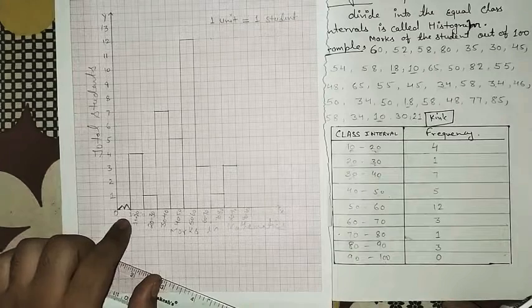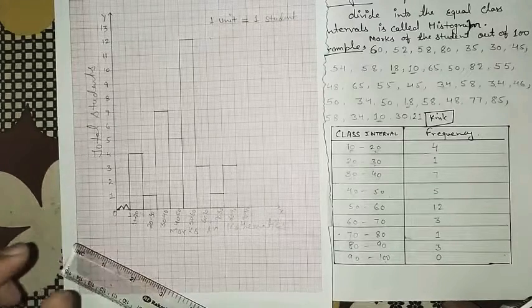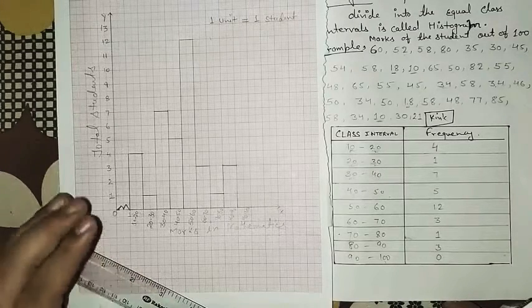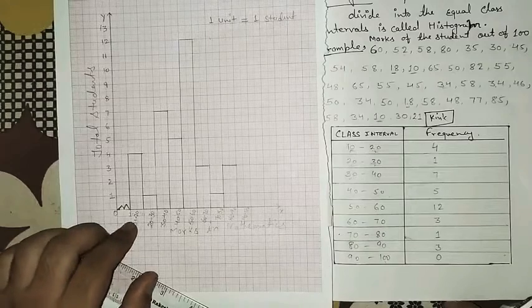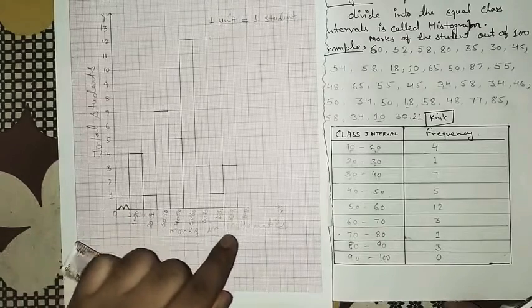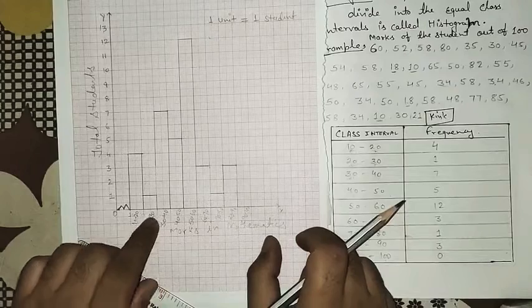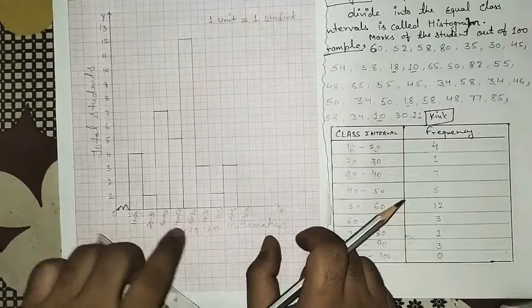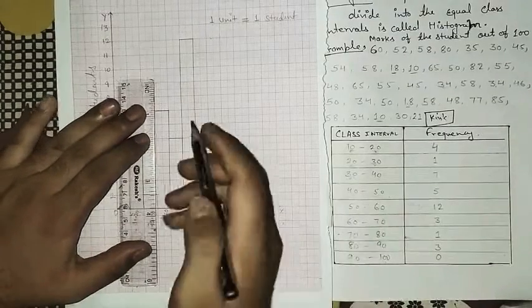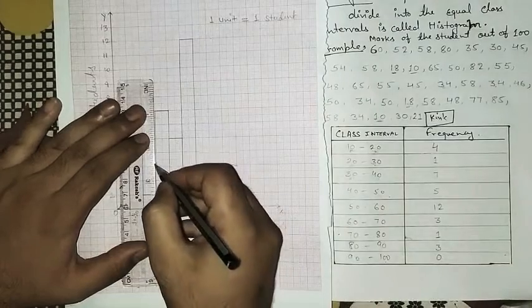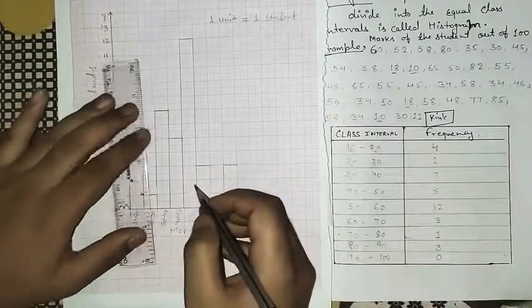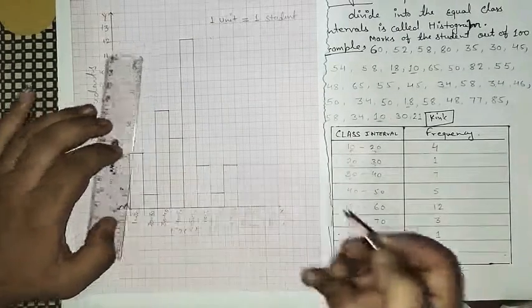So if data is not started from 0, that time we will use a kink symbol, then we can start our data from a particular point in equal class size intervals. Then we can't leave gaps between 30 to 40, 40 to 50. Okay, data should be constant. Thank you, students.